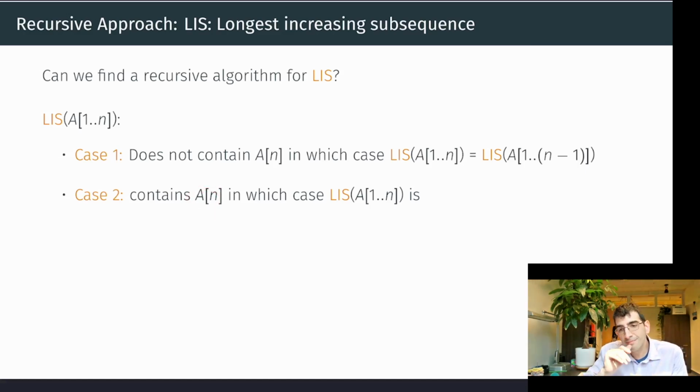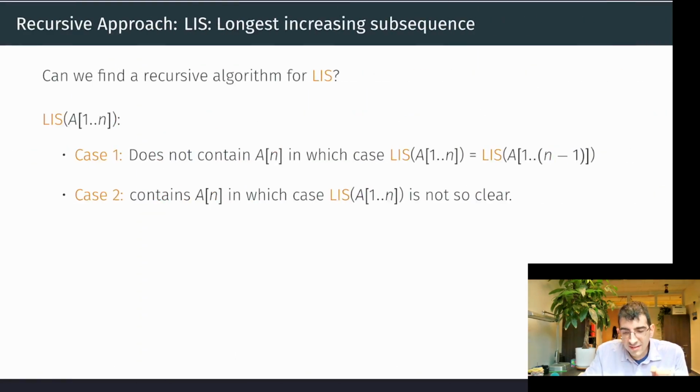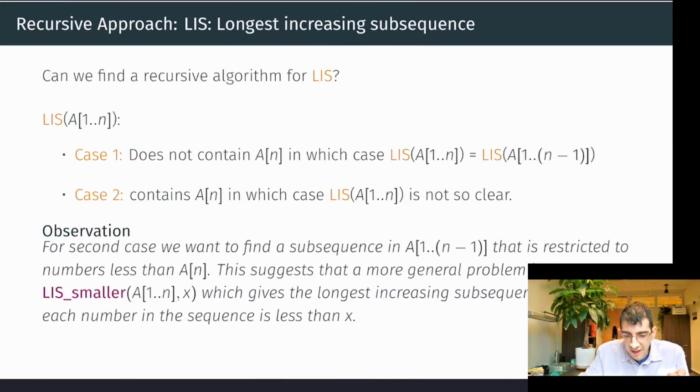In which case, what does this mean? In which case, it's not so clear. We got to be a bit clever. But we know this. If the last element of the array is in the subsequence, it means that all the elements of the subsequence that come before it can't be larger than a of n.